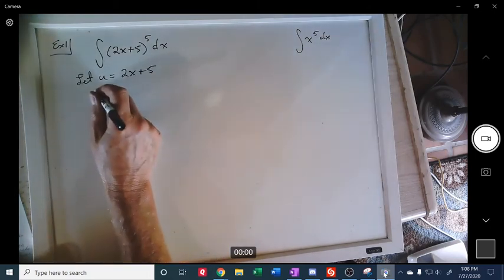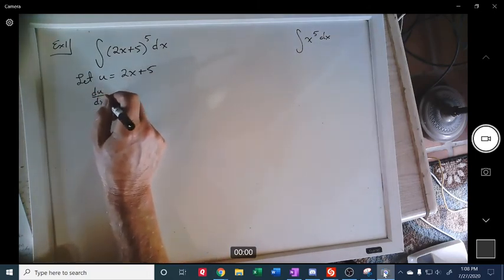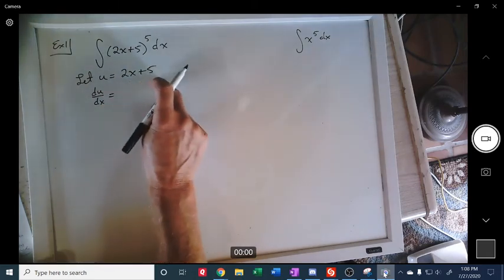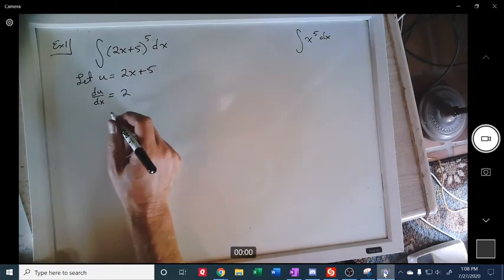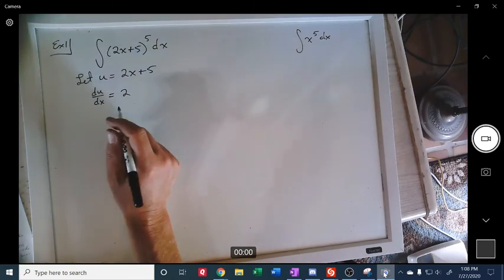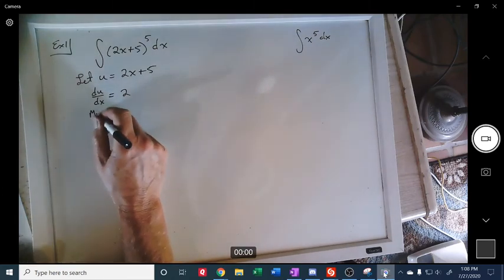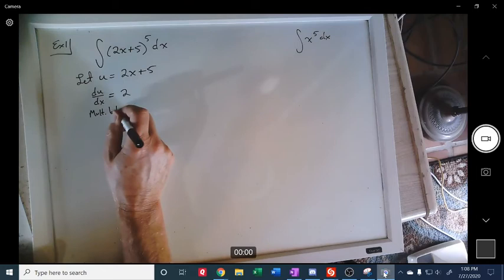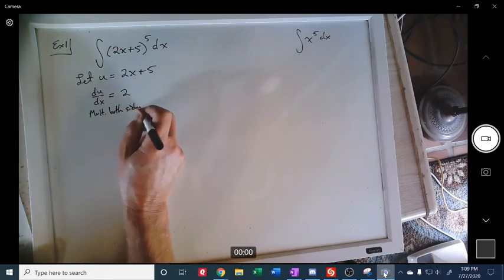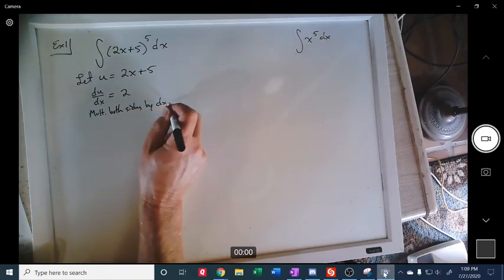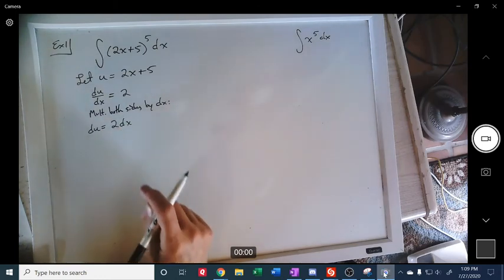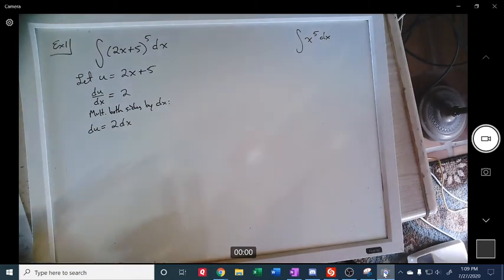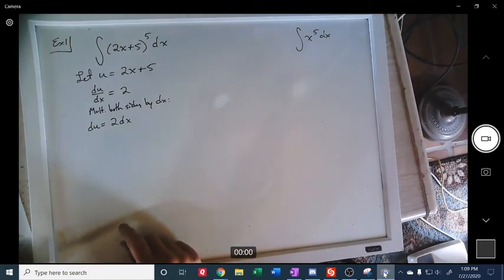Then du/dx, the derivative of the right hand side, is just 2. Then I'm going to multiply both sides by dx. du equals 2 dx.